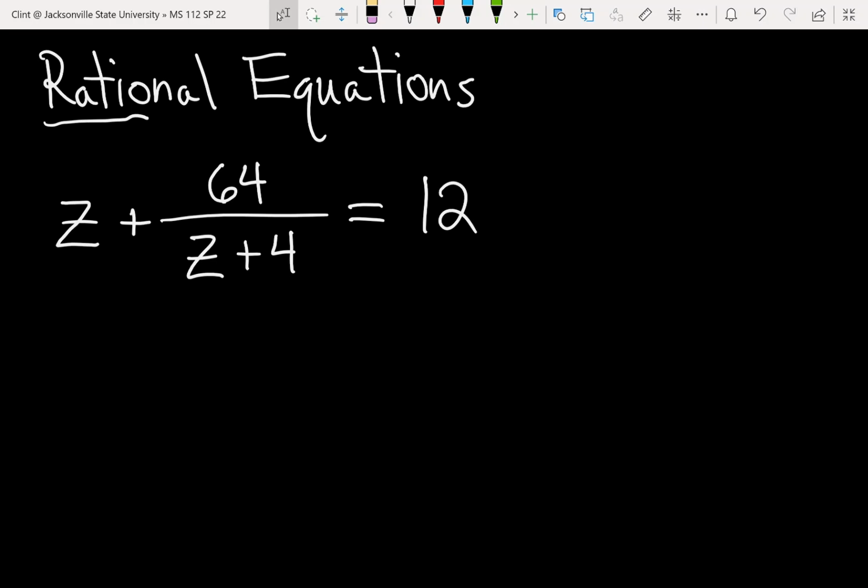Anytime I'm solving one of these, I'm going to use the same method: I'm going to multiply every term by the LCD, the least common denominator. I want to find the common denominator, preferably the smallest one, and then multiply every term by that. The reason is that when we do that, you'll see the denominators cancel out, and we don't have fractions involved anymore.